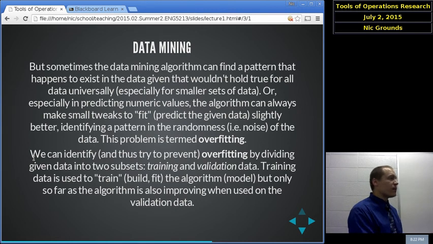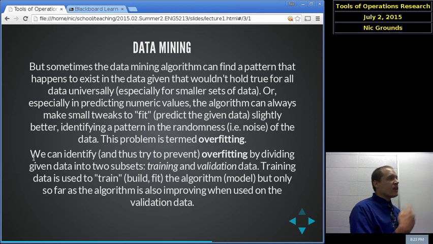So we're training the data mining algorithm on one subset of data, but only until it stops doing better. We're going to train it as long as it's doing better, finding better patterns on the validation data. So the data that it didn't get to identify patterns in, we want to see, do the patterns still hold in that validation data?